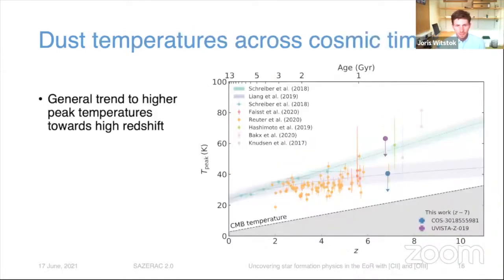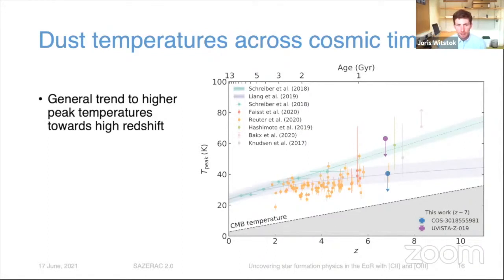If we start to compare that to other measurements in the literature, this kind of fits in. As you can see from lower redshift, we do see this general trend of higher dust temperatures towards higher redshift. And this is the measurement I was just showing you. We do see this is just about in mild tension with some of the even more conservative trends we might expect.